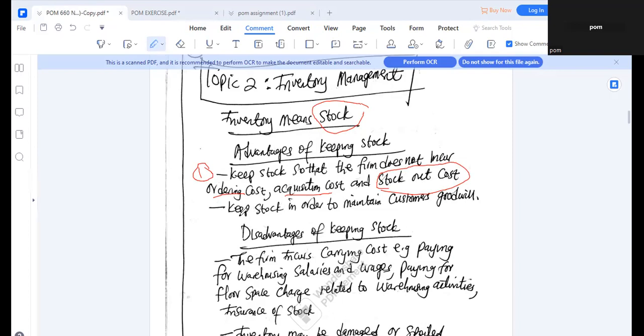Of course, we keep stock in order to maintain the customer's goodwill.